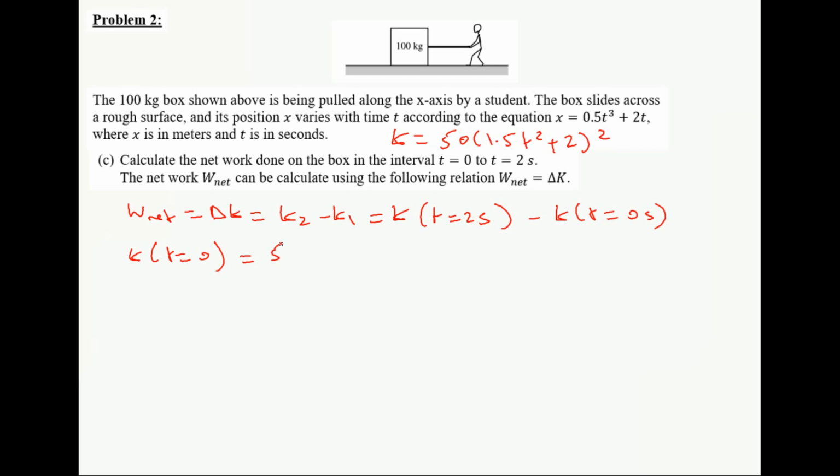That would be 50 into 1.5 multiplied by 0 to the power of 2 plus 2. Okay, that would be, if you plug it on the calculator, that would be exactly 200. And let me say that the unit of energy is joules. Either this will be studied in unit 3. And K at t is equal to 2 seconds. We replace time by 2.